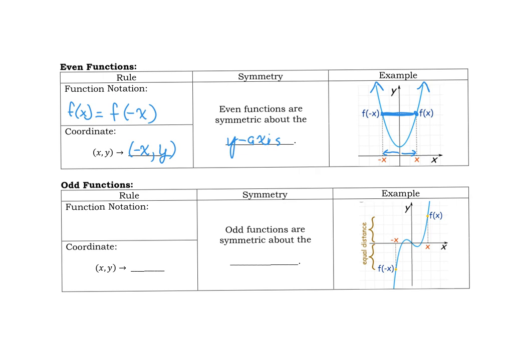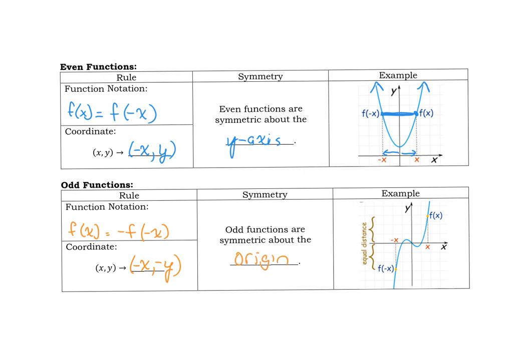Okay, an odd function is where the y and the x are opposite, so negative f of negative x. So this would be a negative x and a negative y, and these are symmetric around the origin.